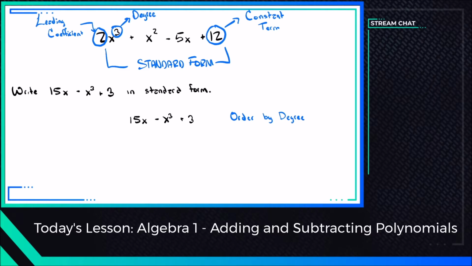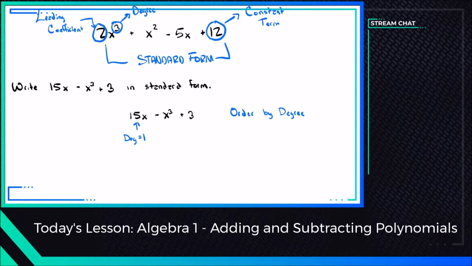So if we look at 15x, the degree of that is just equal to 1. If we look at negative x cubed, the degree of that is equal to 3. And then finally our constant term here, 3, the degree of that is just going to be equal to 0.